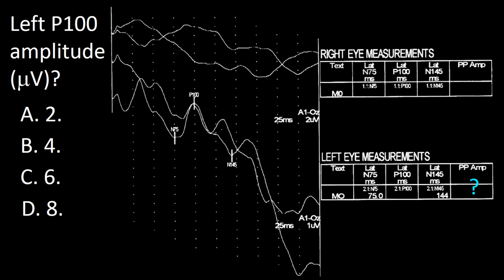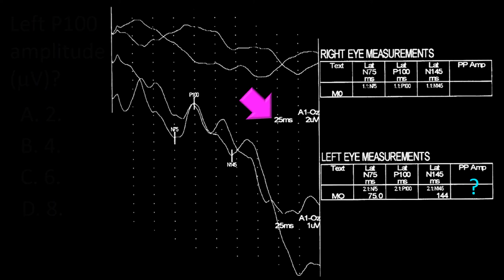Next question. Please look at this frame and answer the question. What is the amplitude of P100? Notice that the time scale is 25 milliseconds per division at the upper tracing and at the lower tracing.